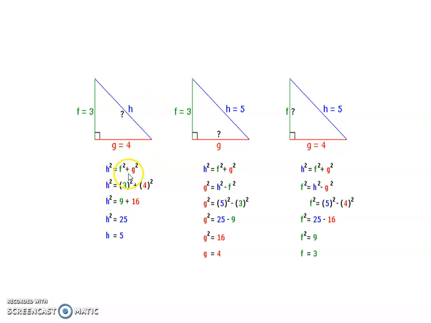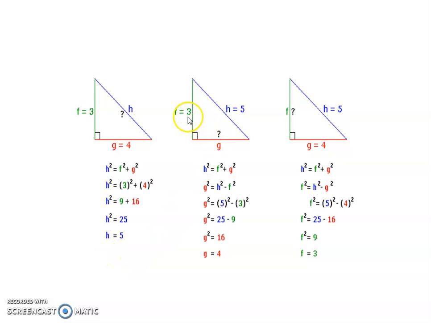So h square is f square plus g square. We put f is 3 and g is 4. So hypotenuse square is equal to 3 square plus 4 square, which is 9 plus 16, gives 25. H square is equal to 25. H is equal to 5.